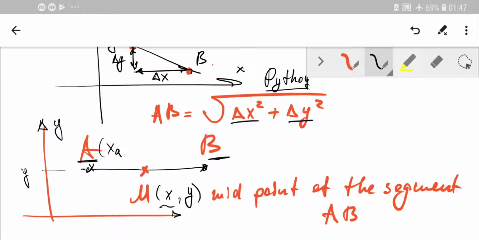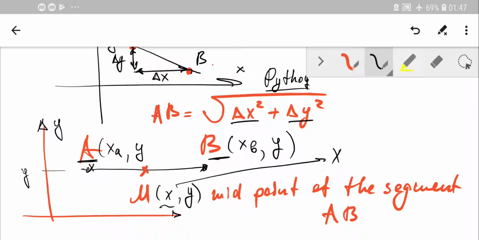Let's say this is xa and this is xb. x midpoint is simply the arithmetic mean: you add xa and xb and divide by 2. That's basically the arithmetic mean, right?